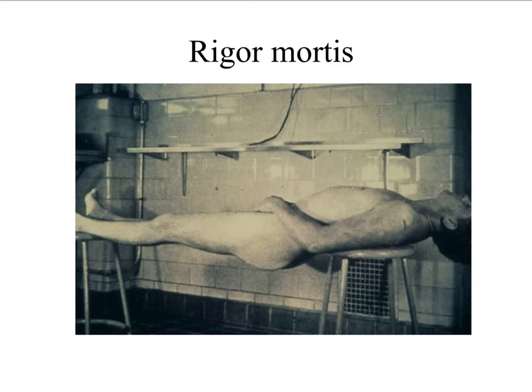So there are experts that can tell you exactly how long rigor mortis is going to last, but it's going to vary based on ambient temperature. In other words, what the temperature is in the environment, the body size of the person, that sort of thing. There are a lot of variables that go into that.